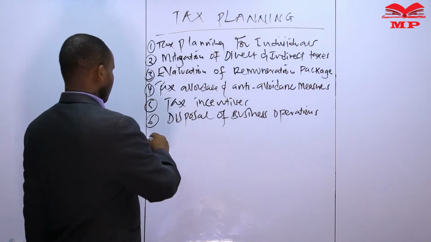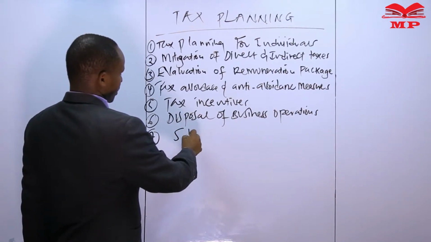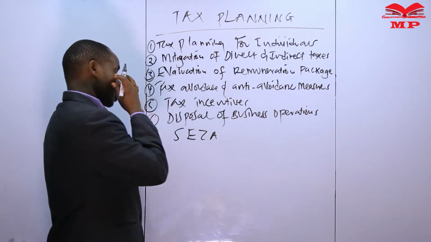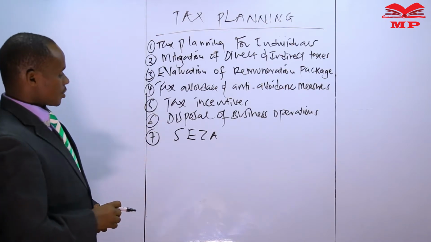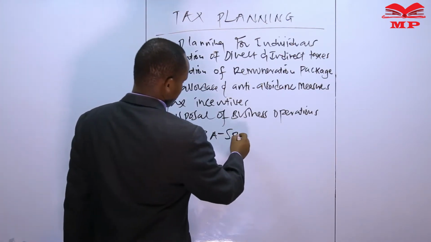The other one, number 7, we also have CESA. CESA means Special Economic Zones Act.